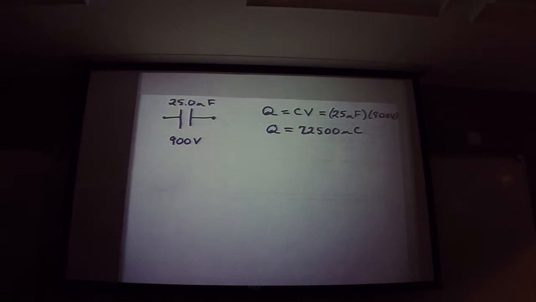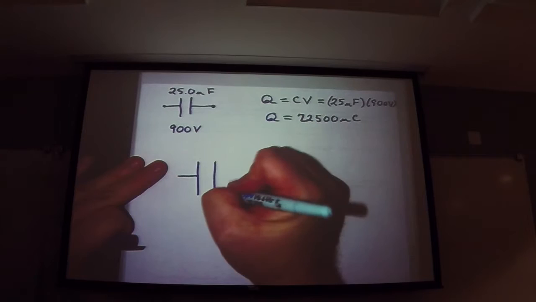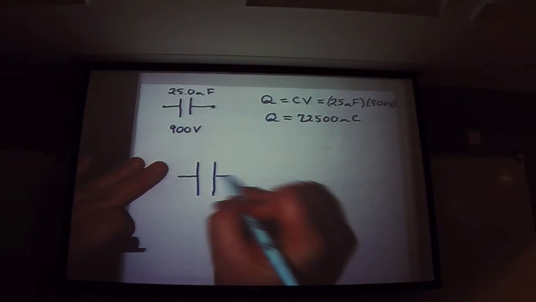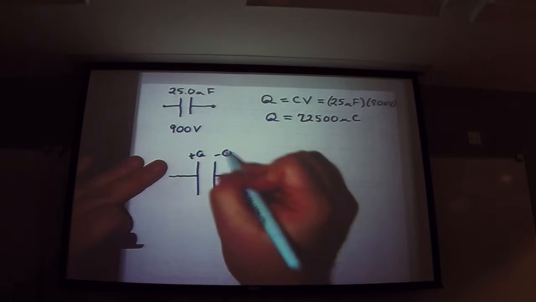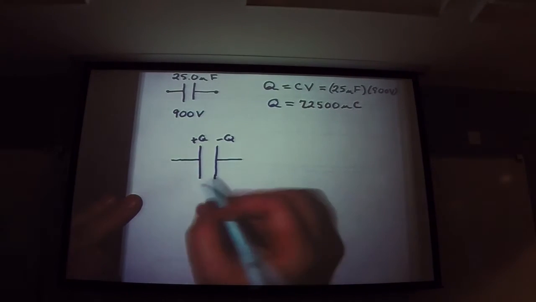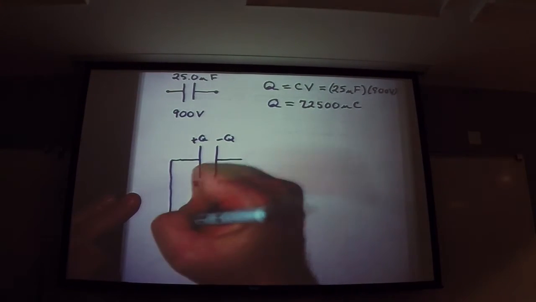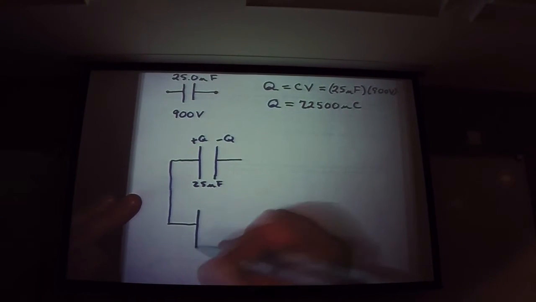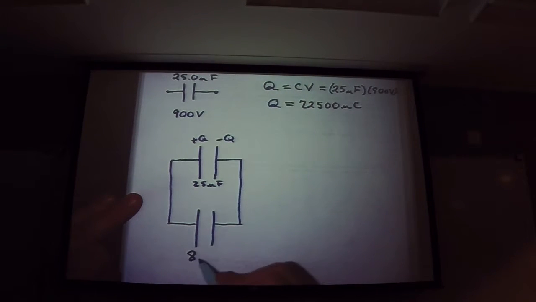What we do is we then take this capacitor, with its positive Q and negative Q over here, 25 microfarads, and we connect it to the ends of an uncharged 8 microfarad capacitor.